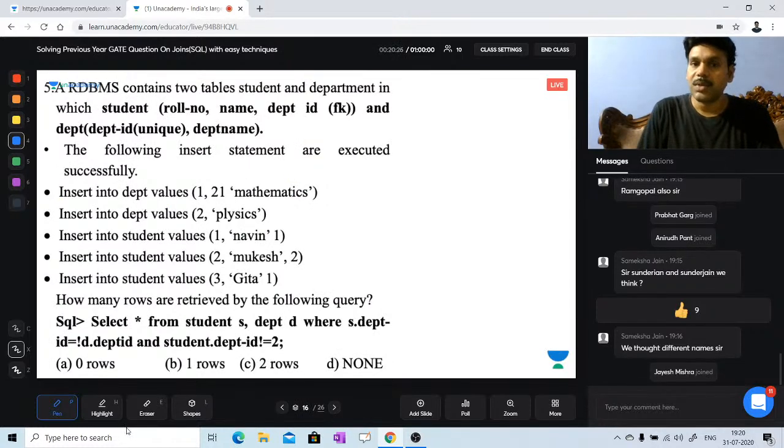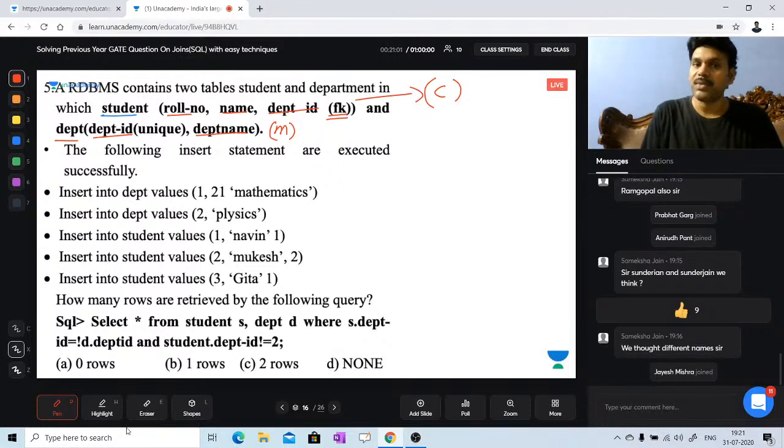This is your 2004 GATE bit from IIT Delhi. Observe carefully. There are two tables, student, which consists of roll number, name, department ID. Department ID is a foreign key. And the department table consists of department ID, a unique key, and department name, which means the master table is department and the child table is student.